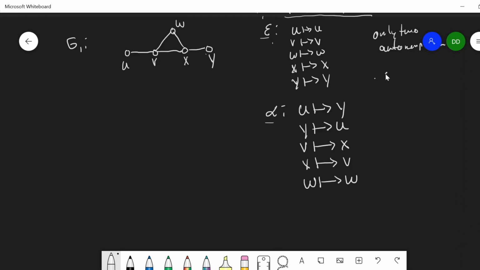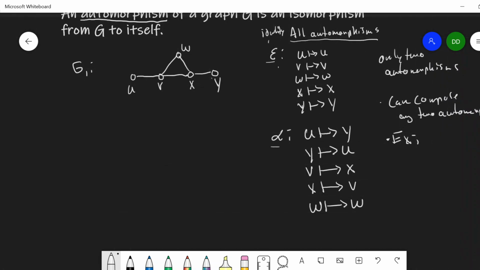So let me say, we can compose any two automorphisms. For example, I can perform epsilon, do that function on the vertex set of G1, and then I can apply alpha to that.